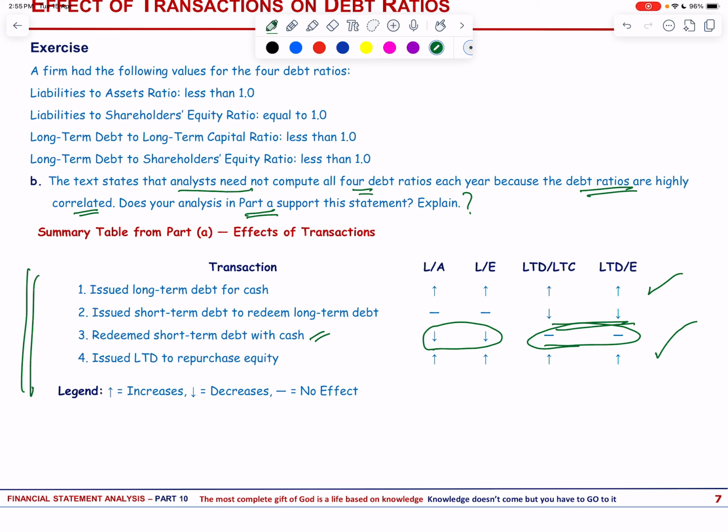So do the other long term debt based ratios, that is the long term debt to long term capital and the long term debt to equity, they move together, also tightly linked. But the two groups, that is total liability ratios versus the long term debt ratios, don't always move the same way. Especially you can see in transaction number 2 and transaction number 3, where one group changes and the other does not.